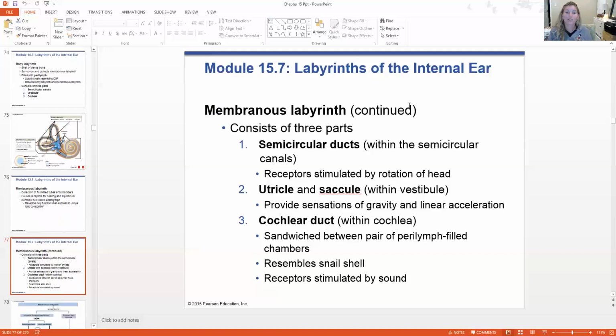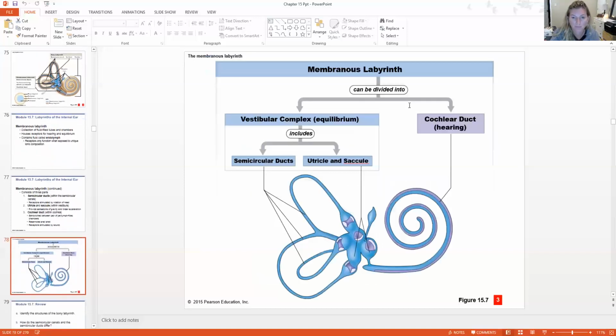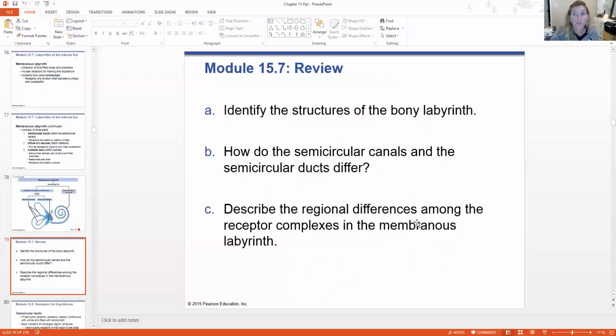The cochlear duct is sandwiched between a pair of perilymph-filled chambers. So there's two chambers within the cochlea, which resembles a snail shell, and this is where our sound is perceived or received. So the membranous labyrinth has our semicircular ducts, our saccule and utricle, and our cochlear duct for hearing. You can pause the video here, go back and review this section.